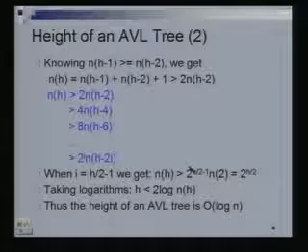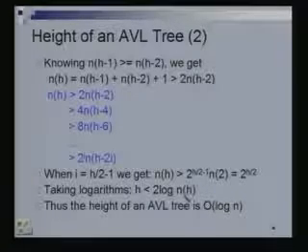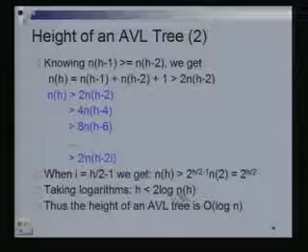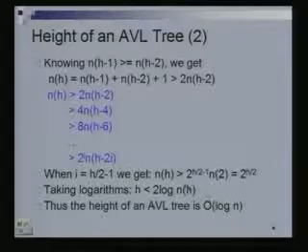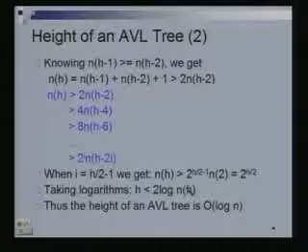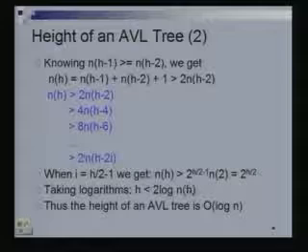Is there something you did not follow? Are you confused about this n of h? So this is what we argued after taking logarithms. Now let me take a tree of height h and n nodes. So n is going to be larger than n of h because n of h is the minimum number of nodes that are possible in a tree of height h.